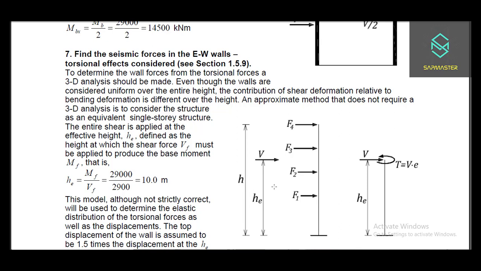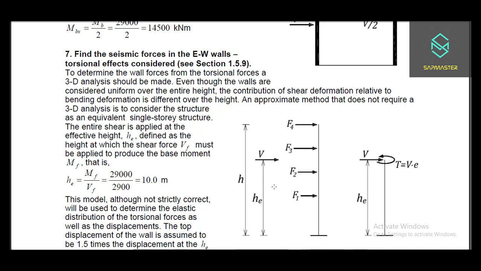And to find the seismic forces in the east-west walls, and by considering the torsional effect, a 3D analysis should be made. Even though the walls are considered uniform over the entire height, the contribution of shear deformation relative to bending deformation is different over the height. An approximate method that does not require a 3D analysis is to consider the structure as an equivalent single-story structure.